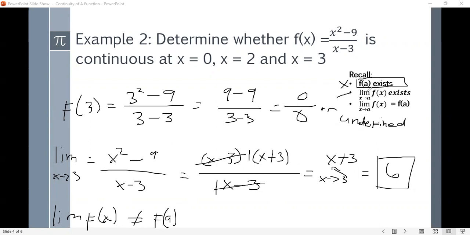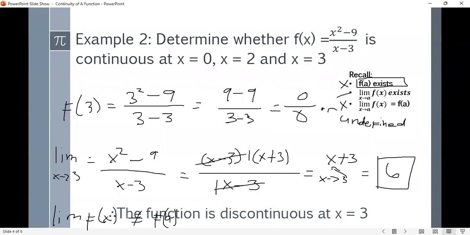Since undefined itong first condition natin at yung second condition natin ay nag-exist naman, meron naman certain value, yung third condition natin does not satisfy. So dalawang x, isang check. So ibig sabihin, the function is discontinuous at x equals 3.